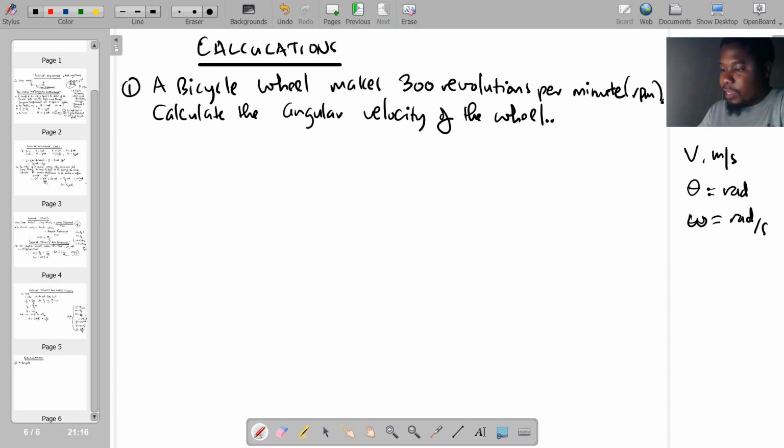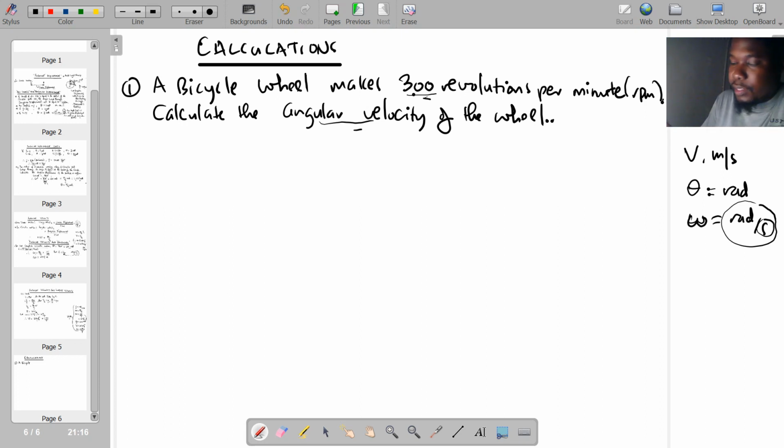And so we are given here the frequency, in RPM, 300 revolutions per minute. The bicycle wheel is turning 300 revolutions per minute. But remember, they want us to find angular velocity, which is in radians per second. So we need to make sure that what we're calculating is in per second.